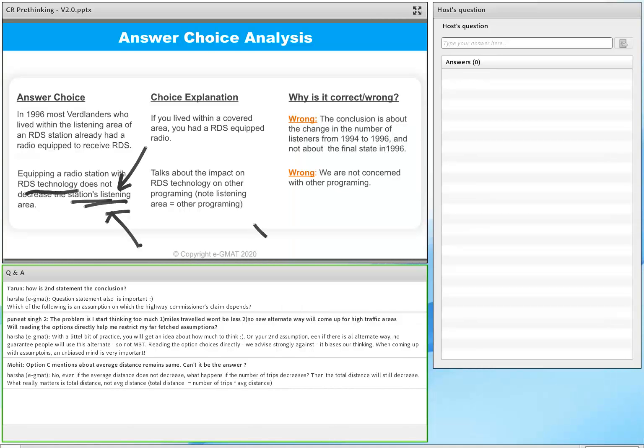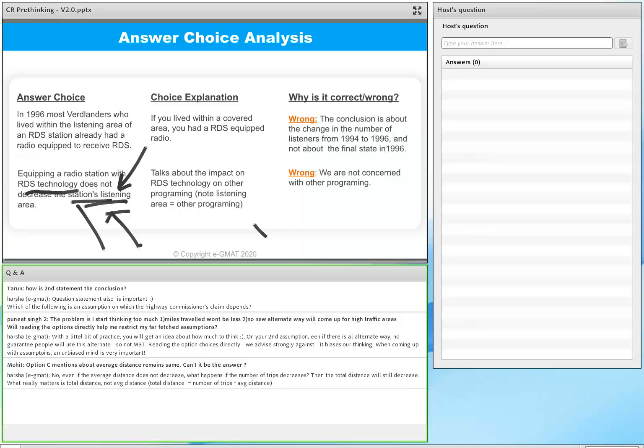So if you go from a 3G phone to a 4G phone, and you say, equipping a phone with 4G technology does not decrease its screen time, does it have an impact on your ability to watch movies? No, you're not talking about the ability to watch movies. Why? Because for the 3G phone, screen time wasn't even relevant. Our conclusion is about special programming.